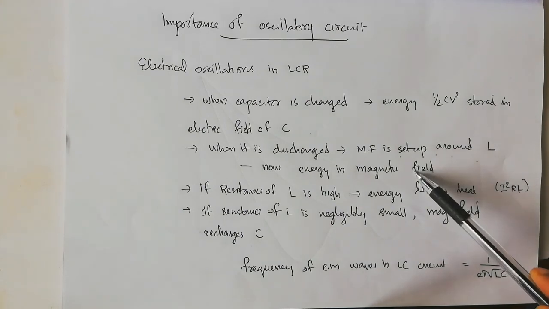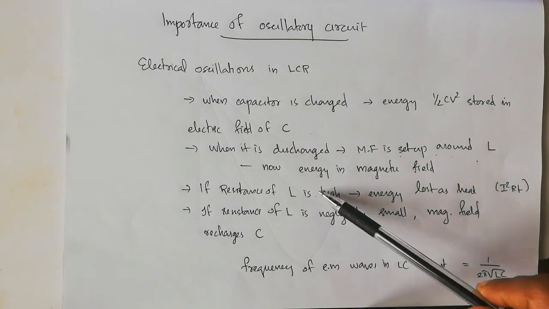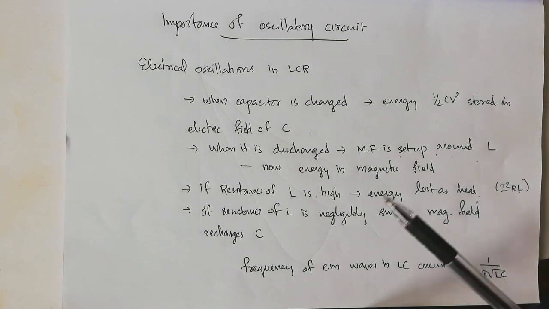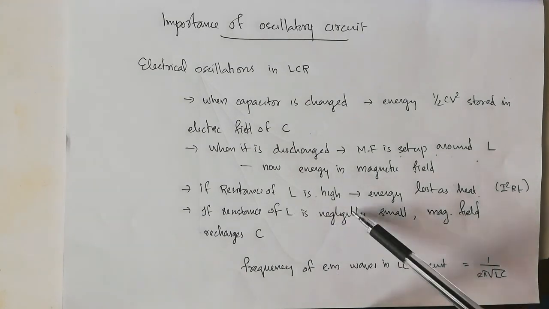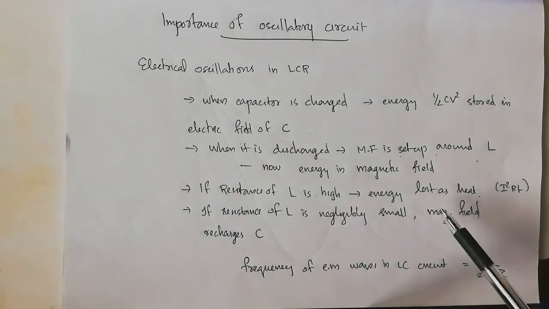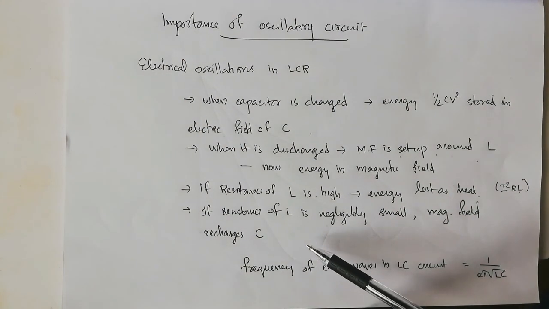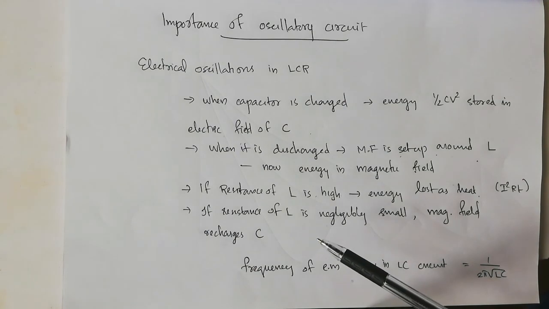Now there are two cases. If the resistance of the inductor is high, the energy is lost as heat. If the resistance of the inductor is negligibly small, the magnetic energy recharges the capacitor.